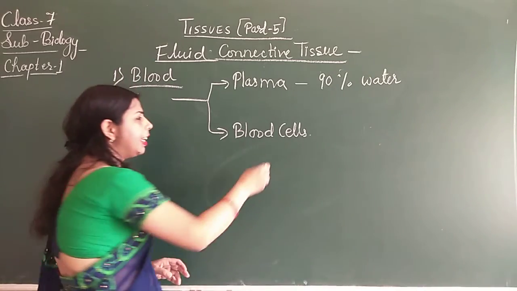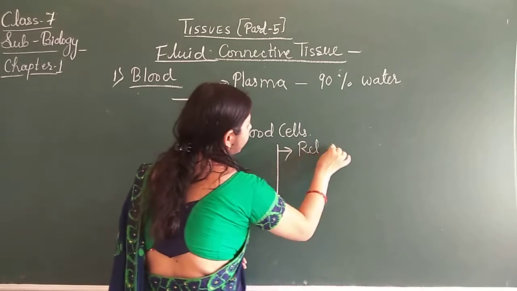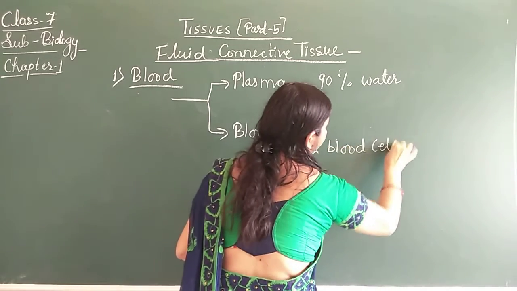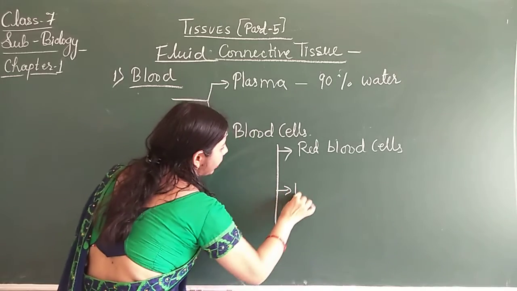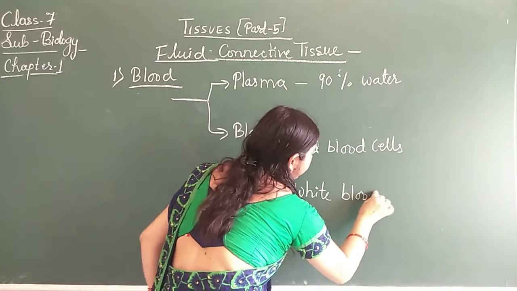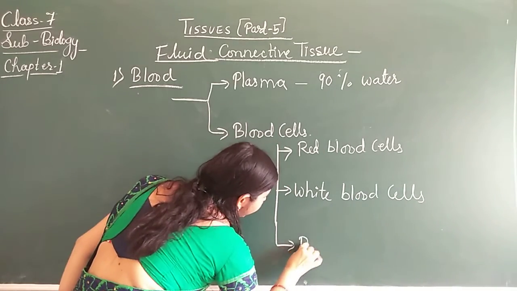The blood cells are again of three types: the red blood cells, white blood cells, and the last one is the platelets.